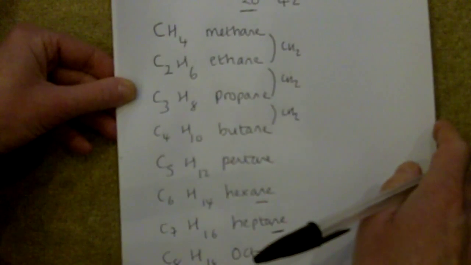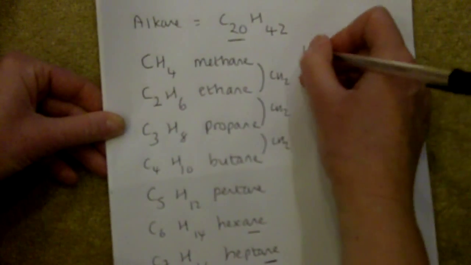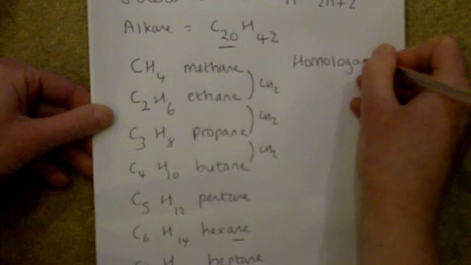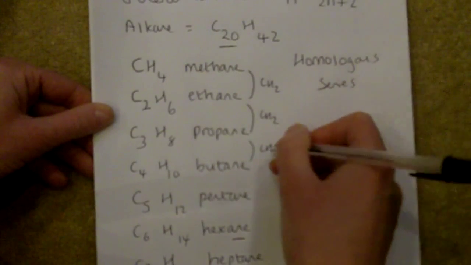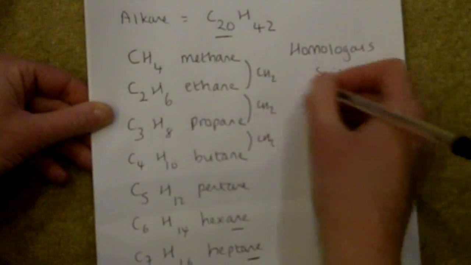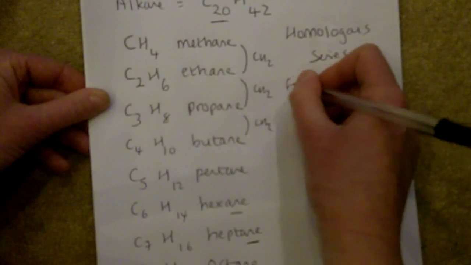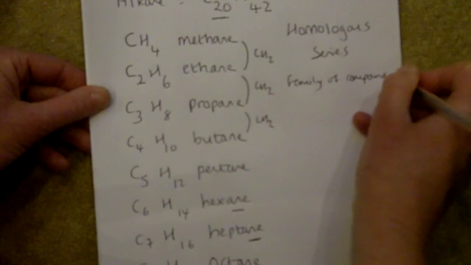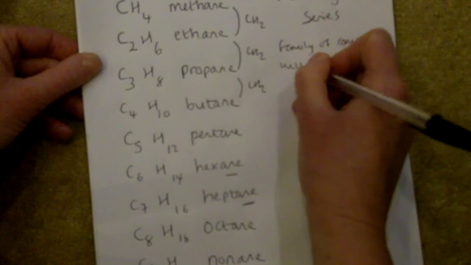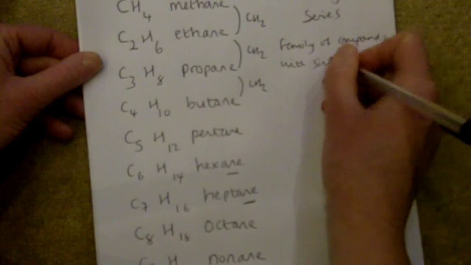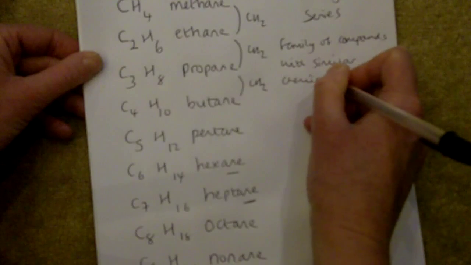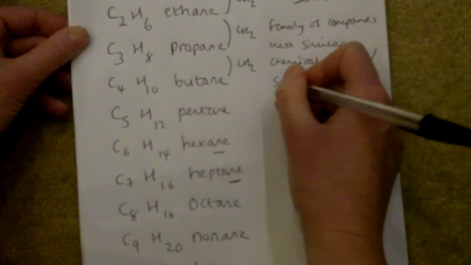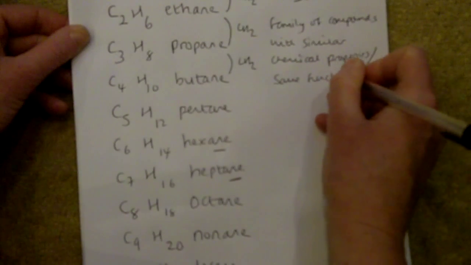Now this whole thing here is called the homologous series of alkanes, and be careful with your spelling of homologous. The word homologous series means a family of compounds with similar chemical properties, or you could say the same functional group.